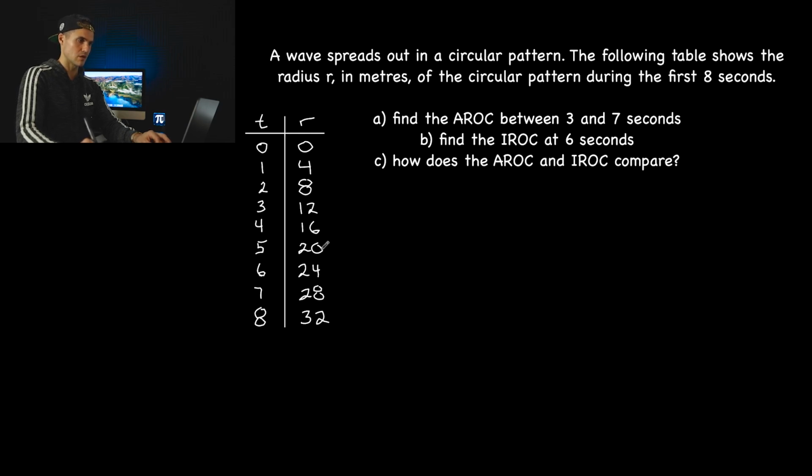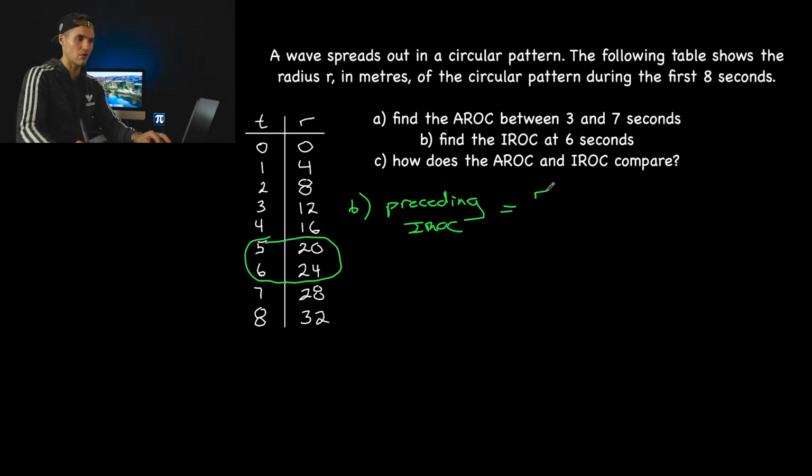The preceding interval is going to be between these two values: r of 6 minus r of 5 all over 6 minus 5.